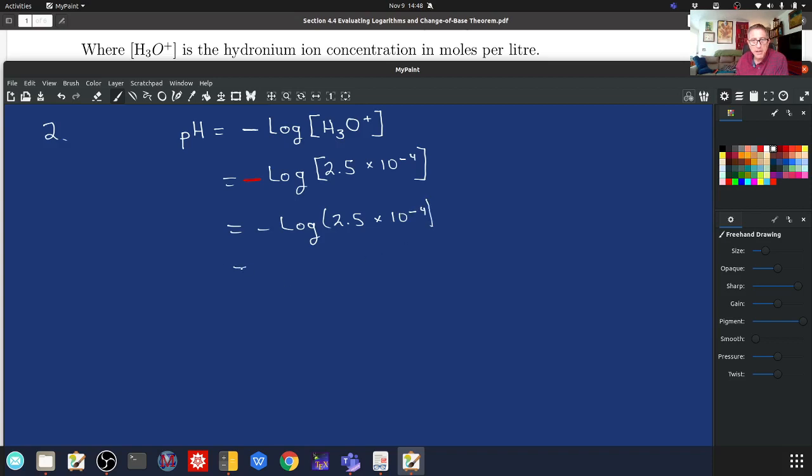So by my log rules, this is minus the log of 2.5, all of this in parentheses, and this is multiplication here, so that's the same as the log of 10 to the minus 4.